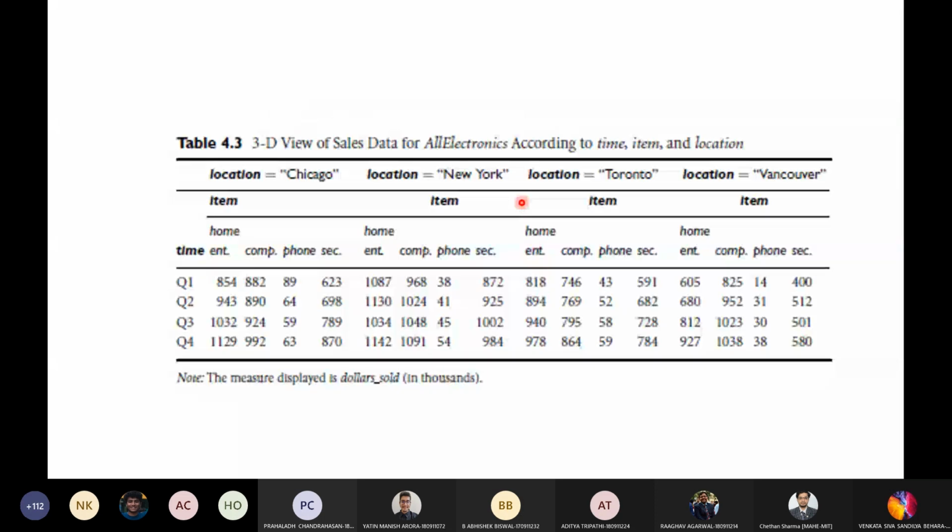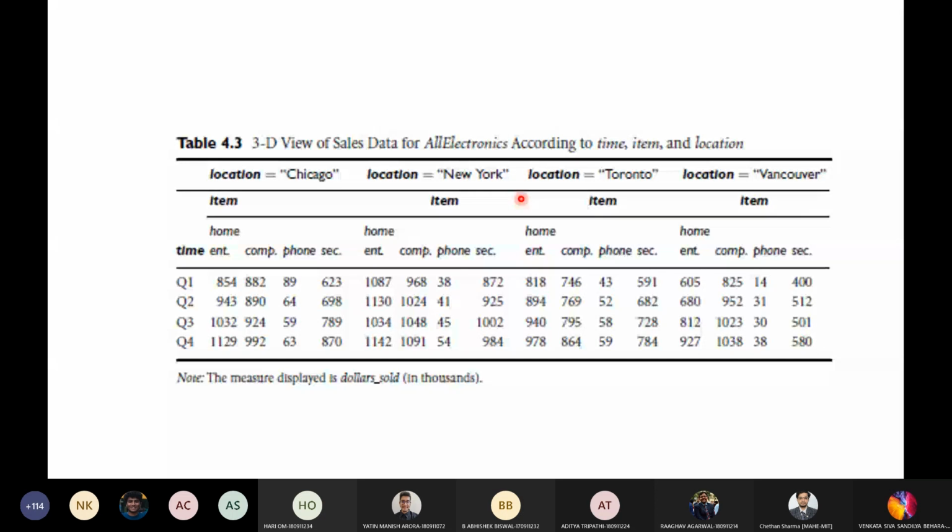So something like this. If you want to see the 4D view, this particular cube gives you a 4D view. So a 4D cube can be constructed from a series of 3D cubes.